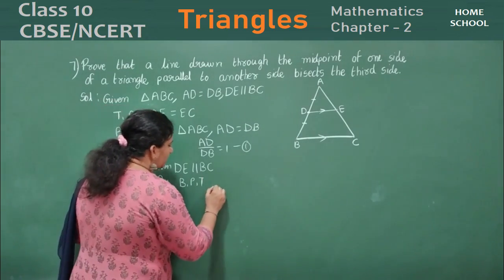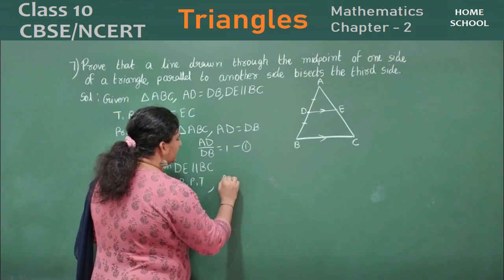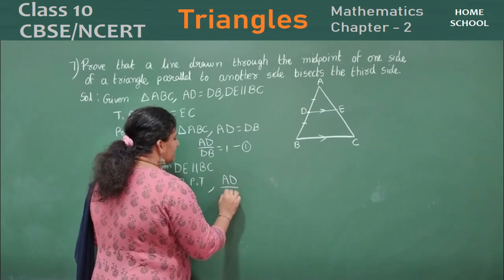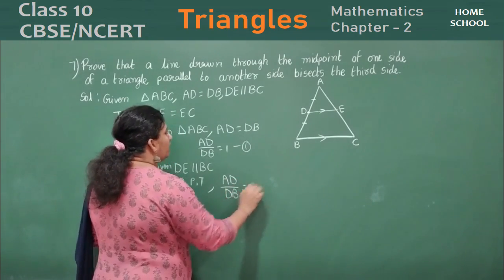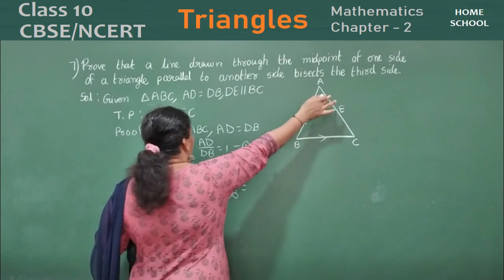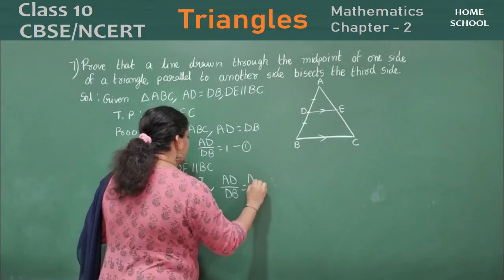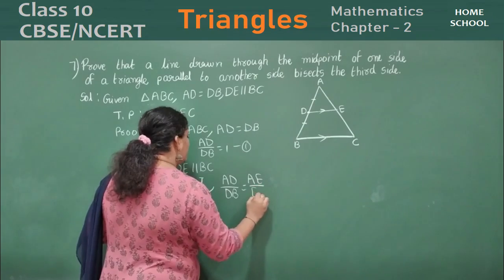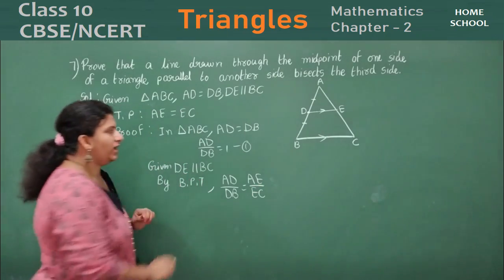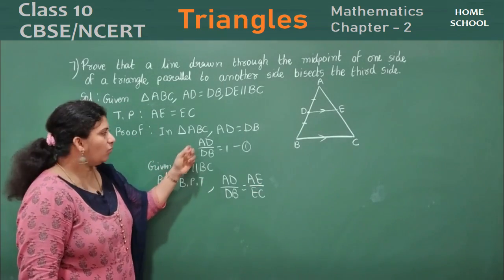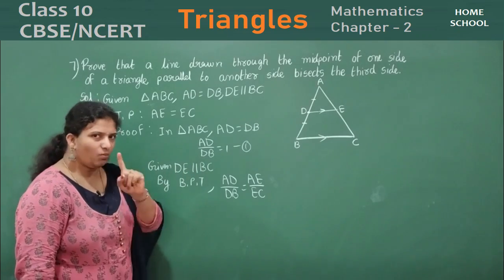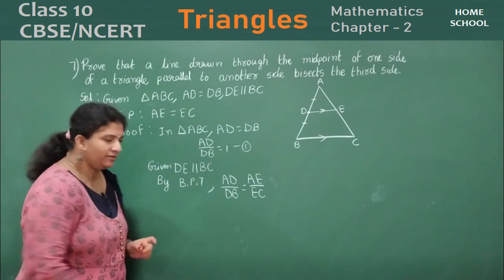So by BPT, what you can write here? Apply BPT, children. See there and apply BPT. AD by DB is equal to AE by EC. Okay. Now go back. Look here. What is AD by DB? 1. Let us substitute here.